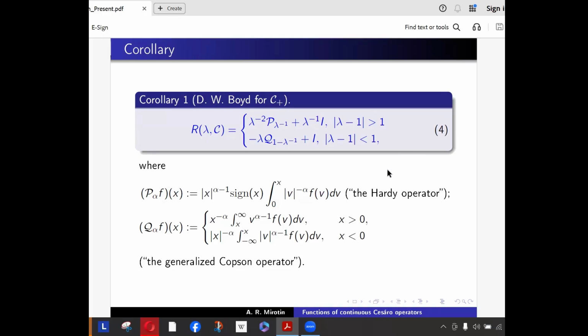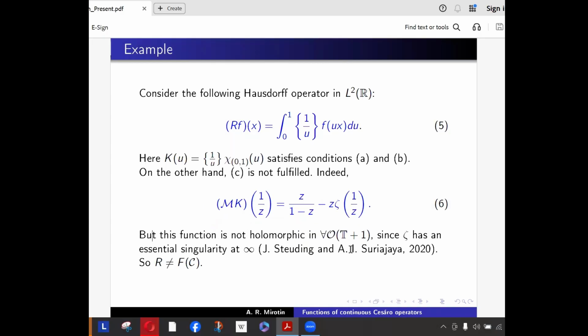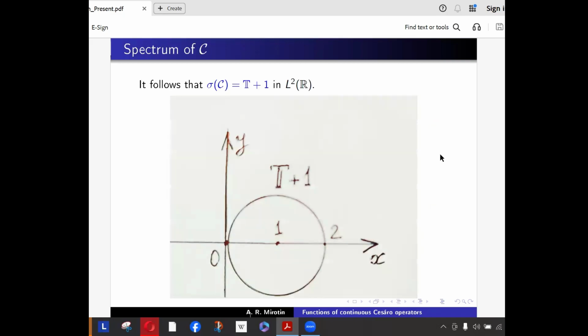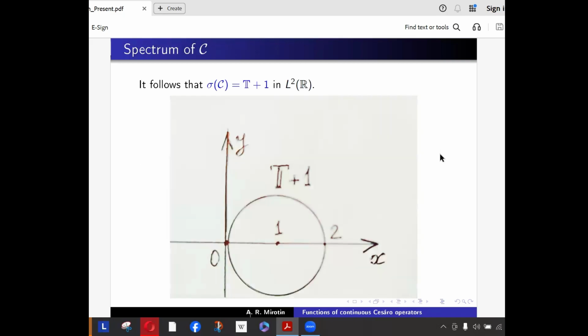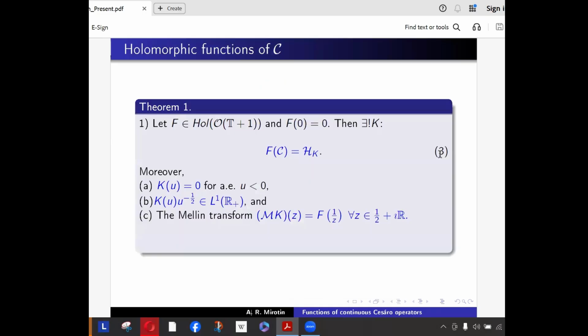And in this formula, P alpha is the so-called Hardy operator, or generalized Hardy operator, and Q alpha is the so-called generalized Hobson operator. Let's return to our theorem 1.